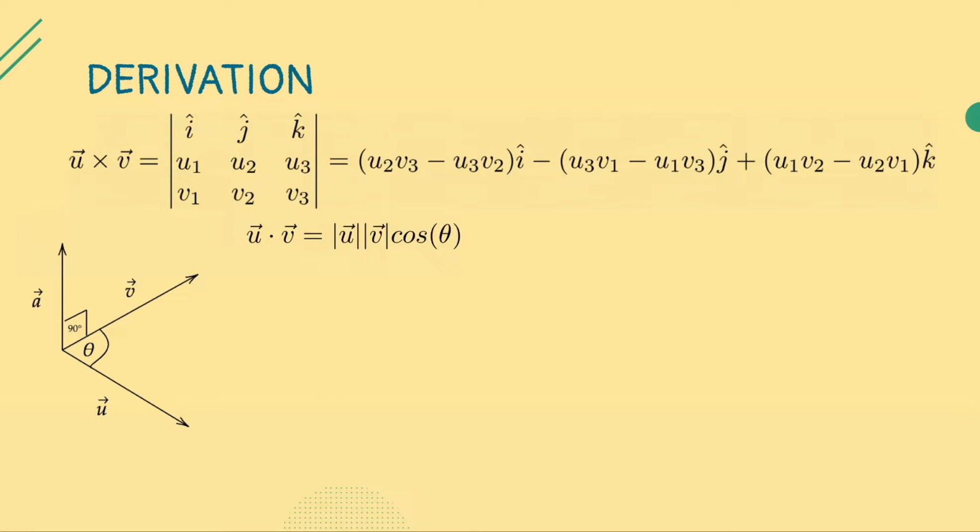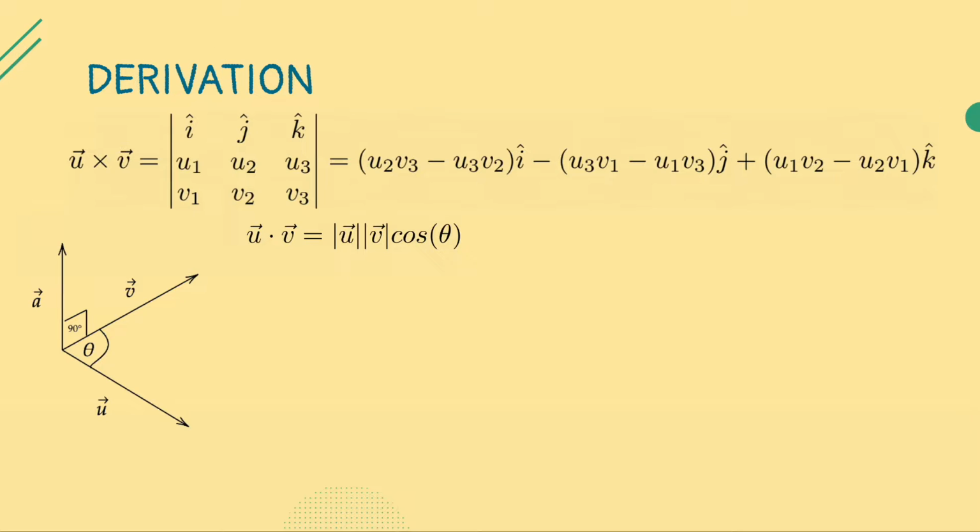And we're going to use the fact that the dot product has its geometric definition defined as follows, where the dot of u with v is the magnitude of u times the magnitude of v times cosine of theta. And we know we're looking for a 90-degree angle between vectors u and a and vectors v and a, right?